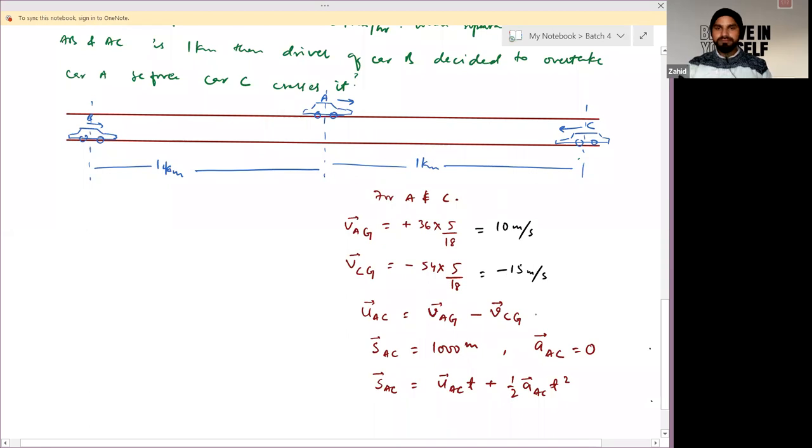Put these two terms in this part, you will get 10 minus 15. So you will get 25 meter per second. Good, Raza. I think you have solved this. Now you have to put these terms in this part, and then you'll get time.